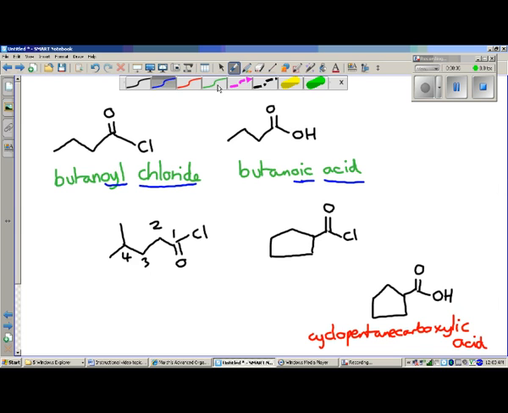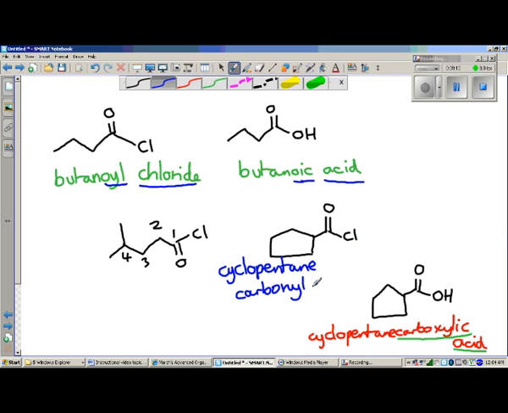Now, for molecules like that, all we do is we take off the word acid, we actually take off the whole of the word carboxylic, and we replace it with the word carbonyl. So what happens is here then we get, it's still cyclopentane, and then the naming convention tells us, I'm writing this just underneath because I'd run out of space otherwise, cyclopentane carbonyl, and what would come at the end?